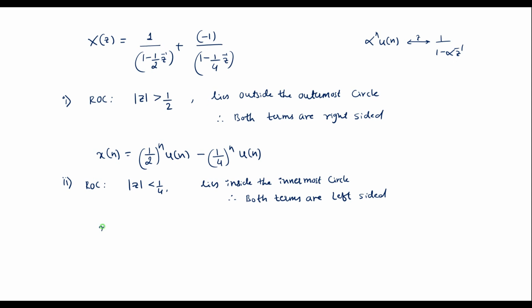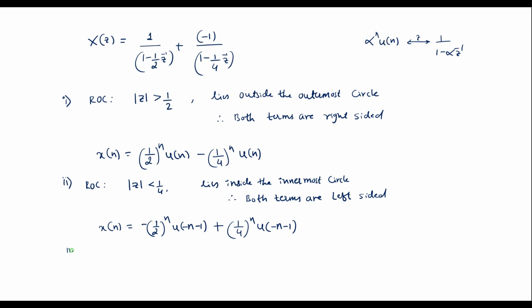So we can write x of n is equal to minus 1 by 2 power n u of minus n minus 1, and here the minus becomes plus, 1 by 4 power n u of minus n minus 1.